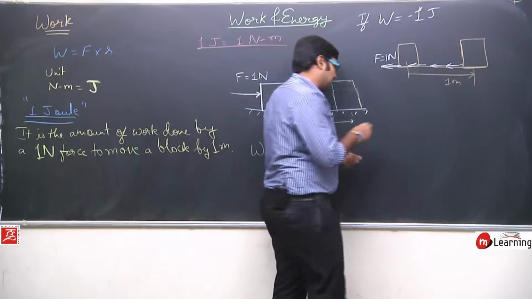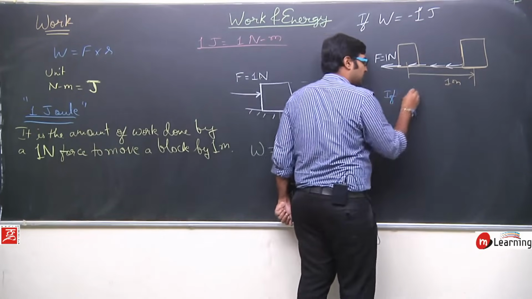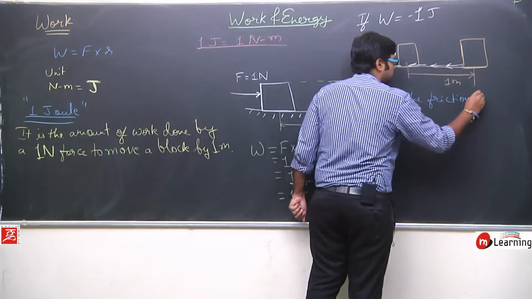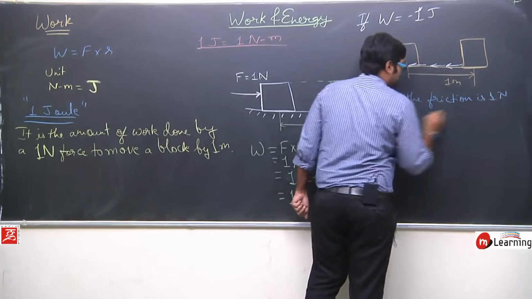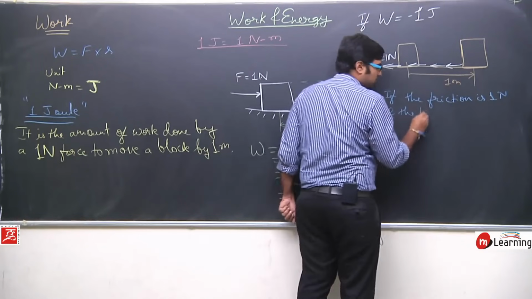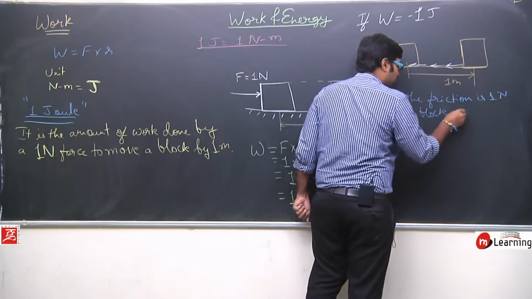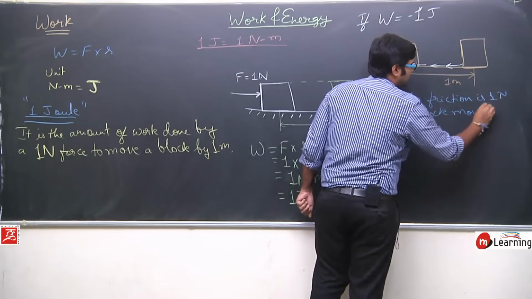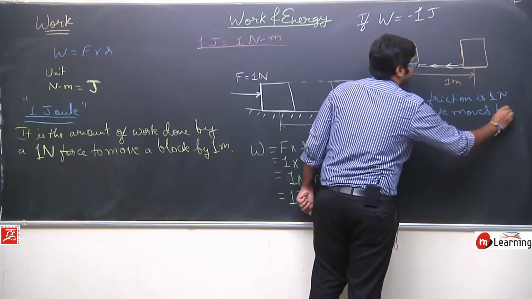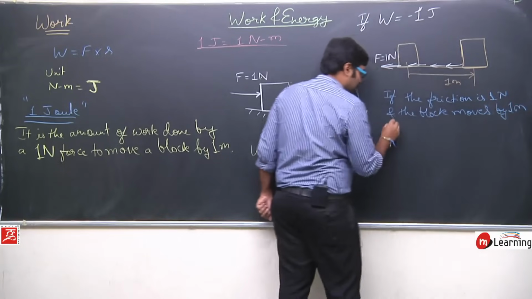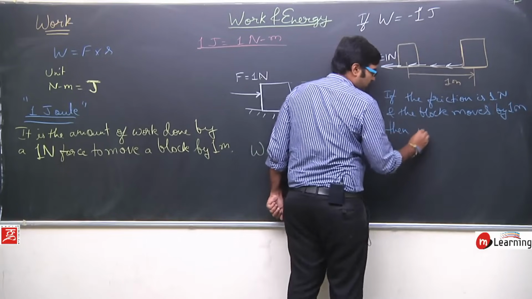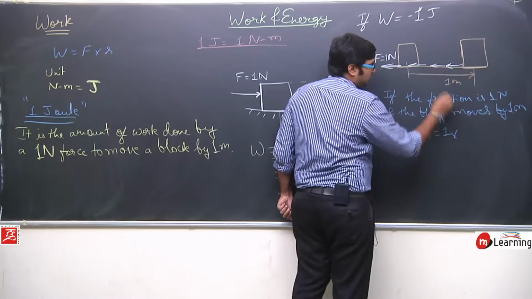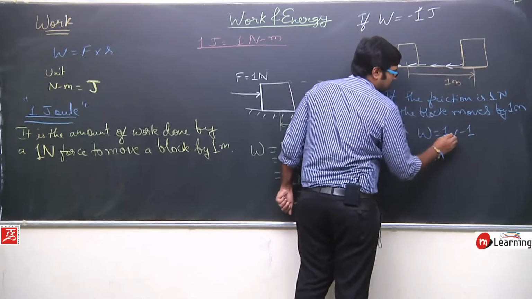So what we can say, if the friction is 1 Newton and the block moves by 1 meter, then work done would be equal to: the friction is 1 Newton, so it will remain 1, into displacement of minus 1.